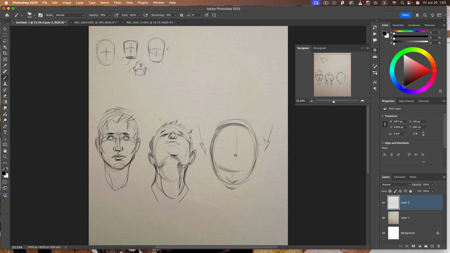And then obviously the hair is going to be the largest mass here because that is closest to us. That's a basic principle of perspective. Things that are closest to us are going to be larger. Things that are farther away are going to appear to be smaller.